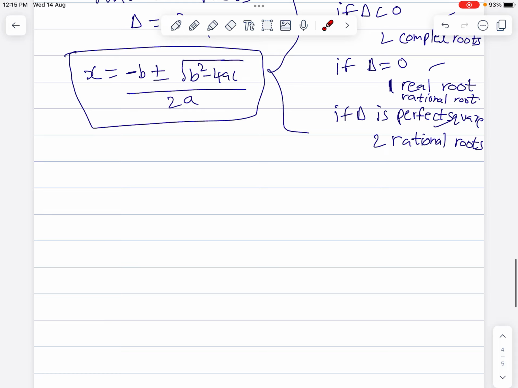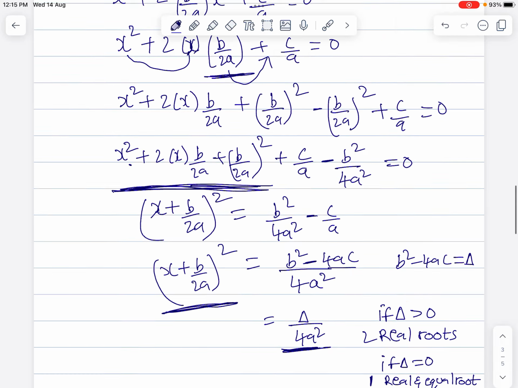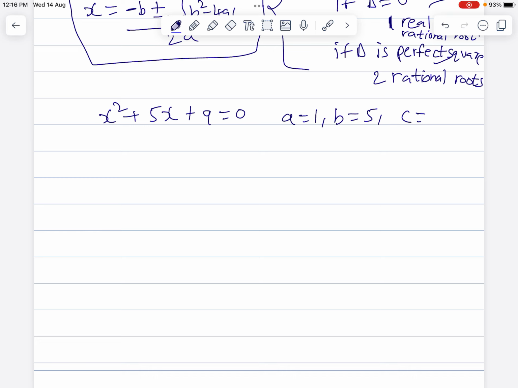Now let us apply it to our given question, x square plus 5x plus 9 equal to 0, okay? Now a is equal to 1, b is equal to 5, c equal to 9, delta equal to b square minus 4ac, which is 25 minus 4 into 9.